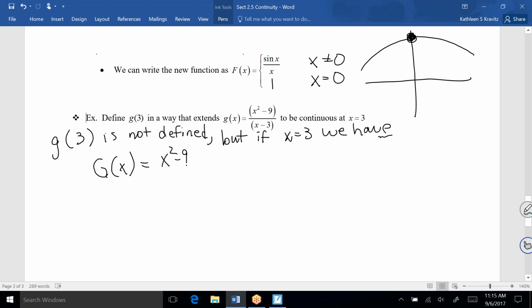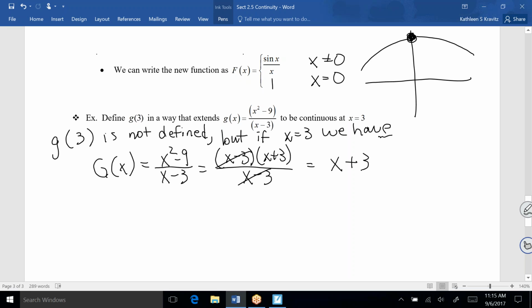We're going to start with the original function, x squared minus 9 over x minus 3. Now let's factor that numerator: x minus 3 times x plus 3, divided by x minus 3, and cancel those x minus 3's. So now we're changing that function, and the new function, capital G of x, is going to be equal to x plus 3.